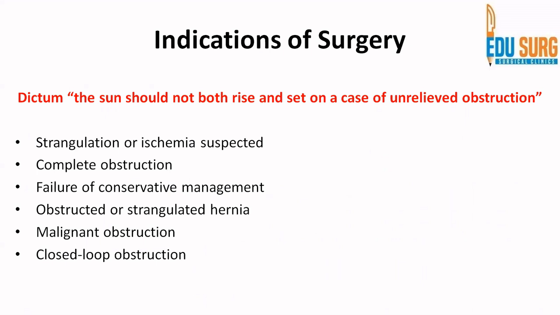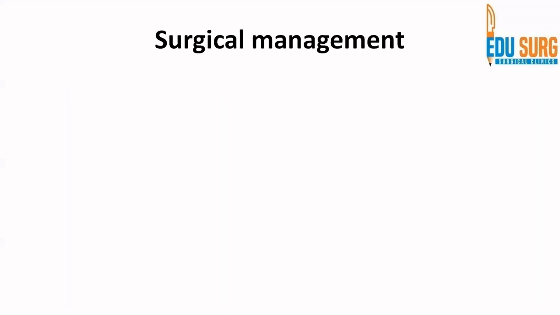So, this is a very important list of when to operate on patients with intestinal obstruction. Remember that if you have strangulation, ischemia, or a closed loop obstruction, you should not attempt conservative management.